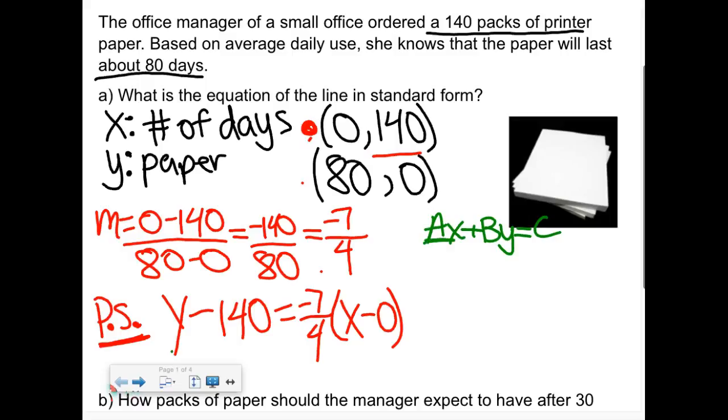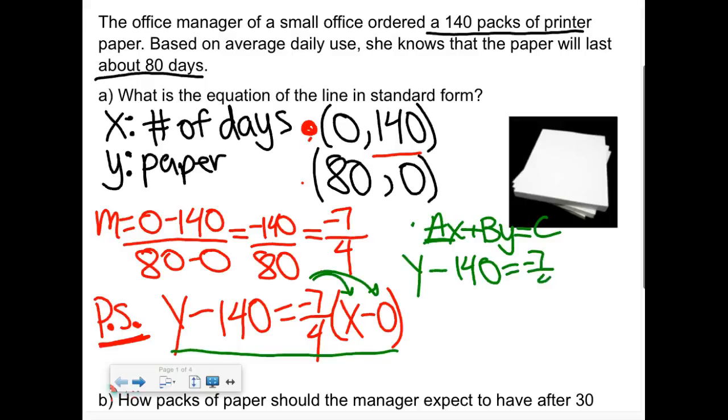So if I'm trying to make this equation look like our green equation here, the first thing I'm going to do is distribute this negative 7/4. And I think some of you see right away why I picked that first point, because now I have y minus 140 equals negative 7/4 x, and then when I take that negative 7/4 times 0, well, that's just 0, it goes away, so I don't even have that.